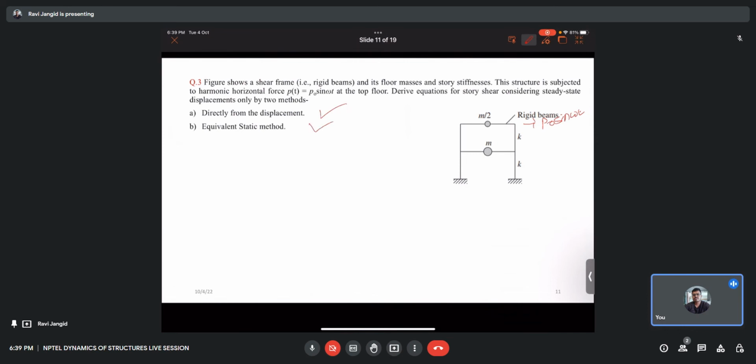Now for this, we first need mode shapes, modal frequencies, the mass matrix, and the displacements q1, q2, u1(t), u2(t). All these things we have calculated in the previous question. So we will go further with directly calculating the shear force.